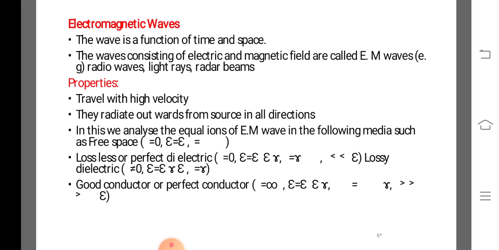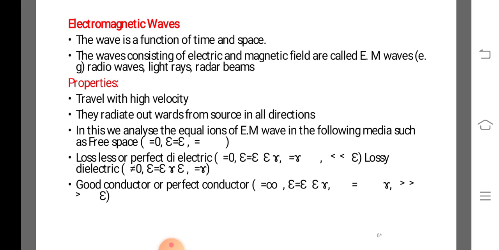In this, we analyze the equations of electromagnetic waves in the following media, such as free space. Lossless or perfect dielectric, sigma equal to 0, and then epsilon equal to epsilon naught epsilon r. This is a lossy dielectric.